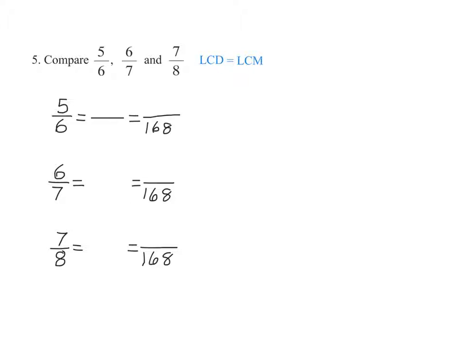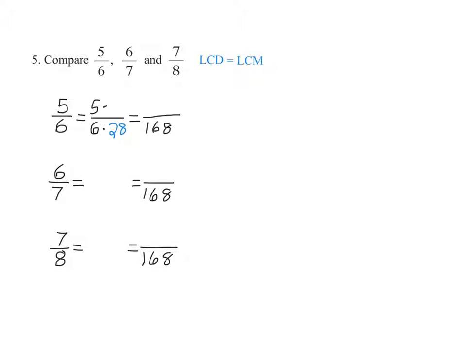And we see that 6 times 28 is equal to 168, which means we have to multiply the top, 5, times a number to give me the numerator of the equivalent fraction.